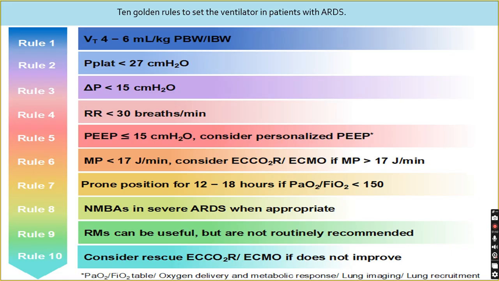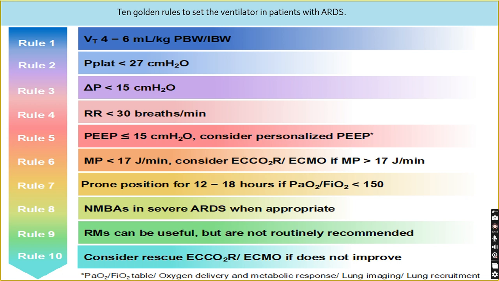So basically, if I want to conclude my talk, these are the 10 golden rules for setting the ventilator in a patient with ARDS. Rule 1: ventilate with 4 to 6 ml per kg of predicted body weight. Keep your plateau pressure, which is measured by the inspiratory hold button on the ventilator, less than 27.